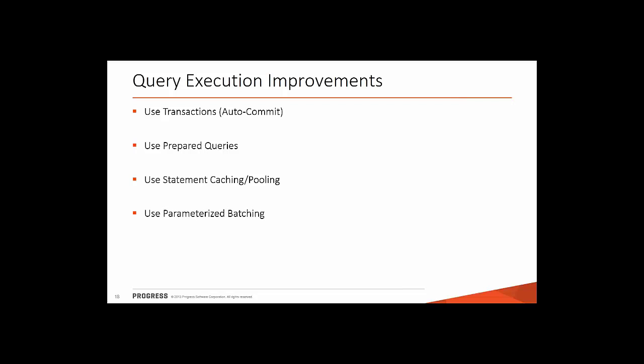Use parameterized batching. When you have to insert 100 rows or a million rows into a database, use a single query but change the values, instead of executing them as separate queries.